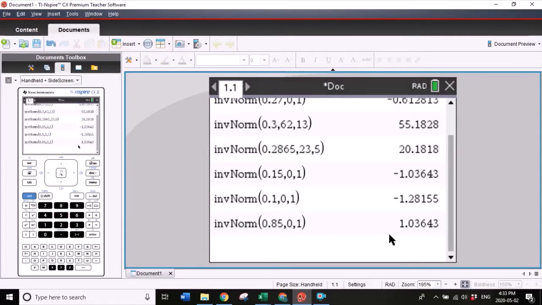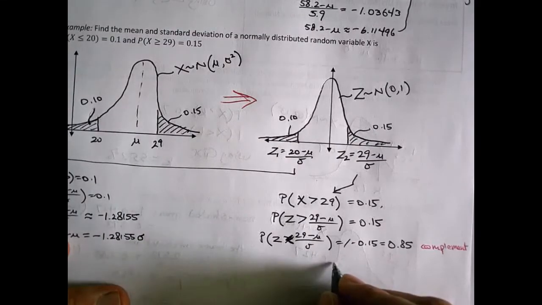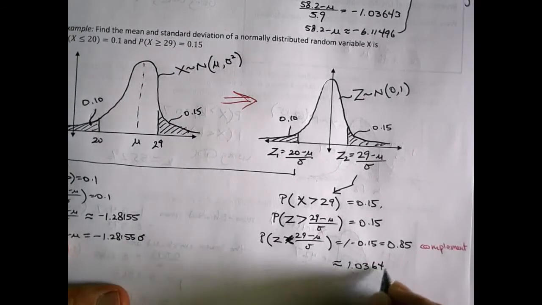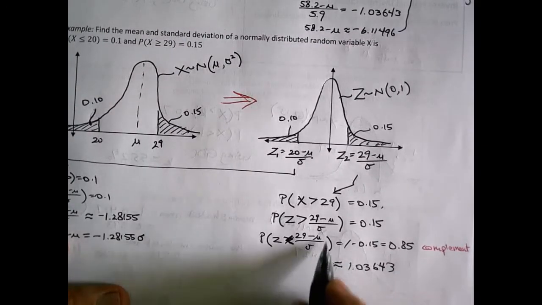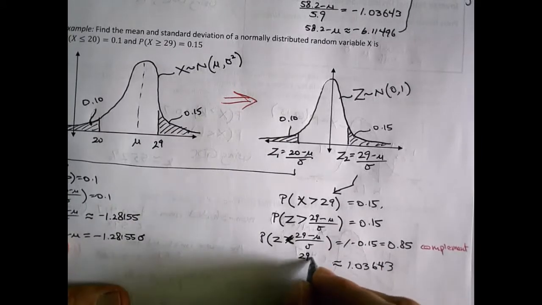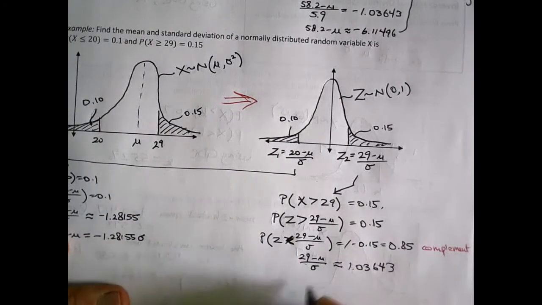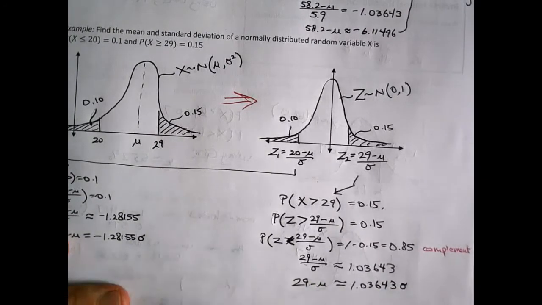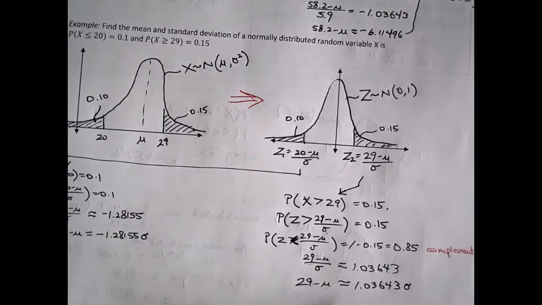Again, that's the cutoff, but I'm going to put that into the math. And it tells me the cutoff is 1.03643. Again, it's equal to this number here, the thing that was in my bracket. And if I cross multiply, again, I get an equation that has two unknowns.